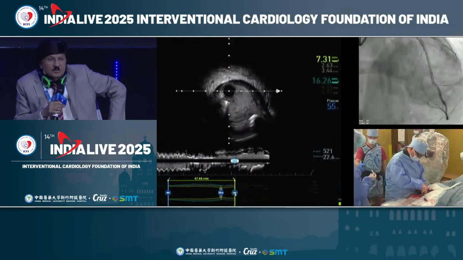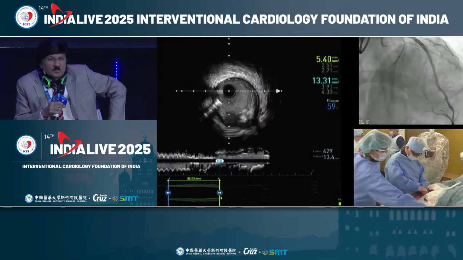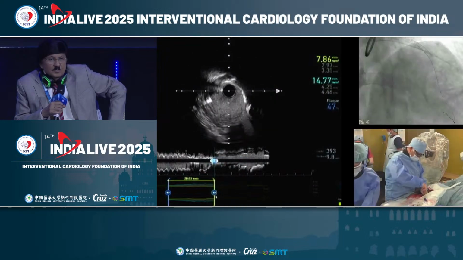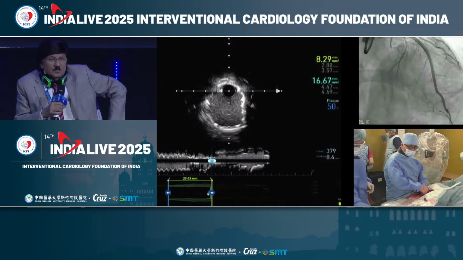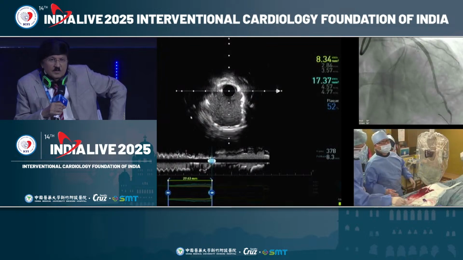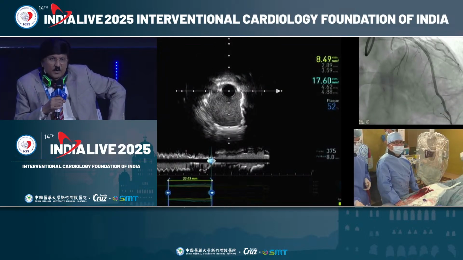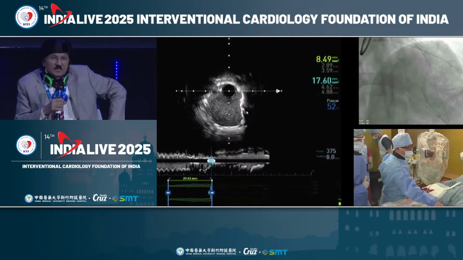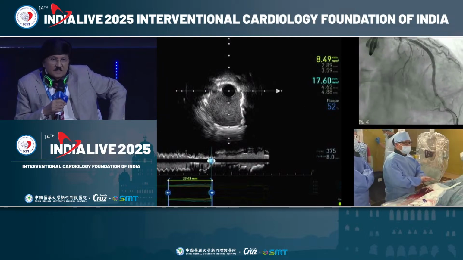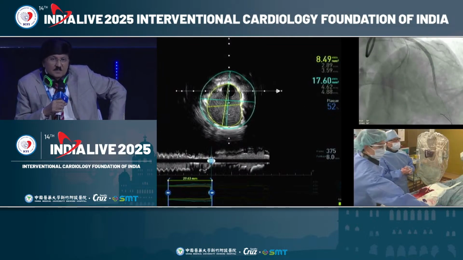So actually, this software is very nice to identify the minimal lumen site. This is the minimal lumen site. The area is 8.5 square millimeters, acceptable.